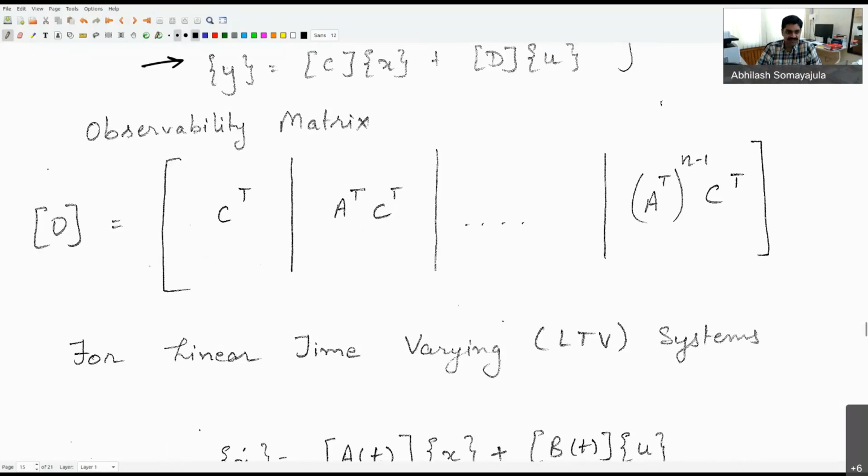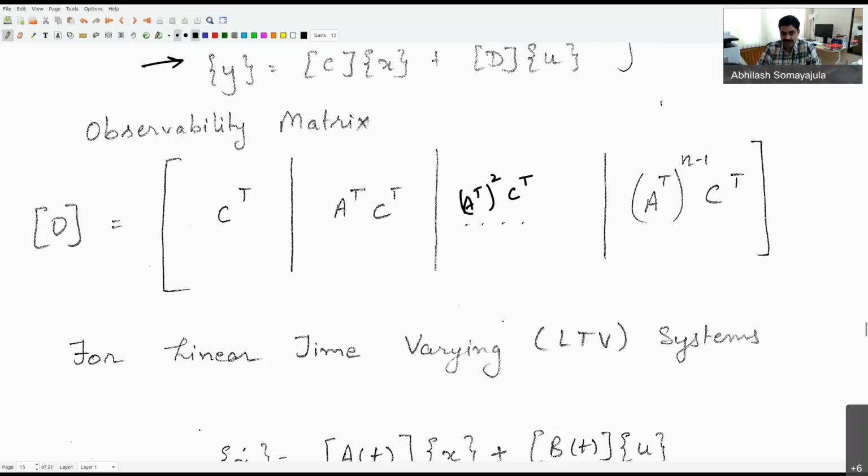So you can construct this matrix, which is basically a juxtaposition of different matrices together in order to form a bigger matrix. I'm taking C transpose juxtaposed with A transpose times C transpose, (A transpose)^2 times C transpose, and so on, up till I have (A transpose)^(n-1) times C transpose, where n is the number of states that I have.